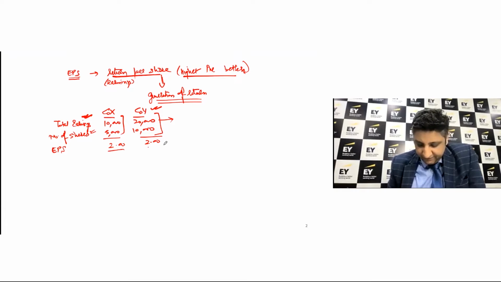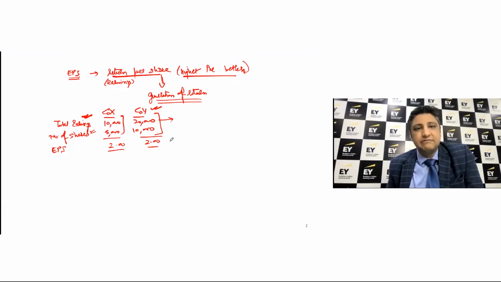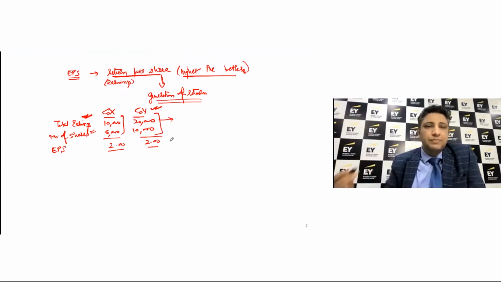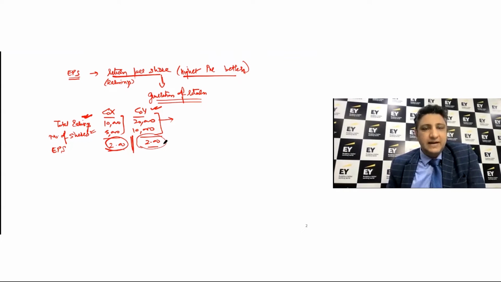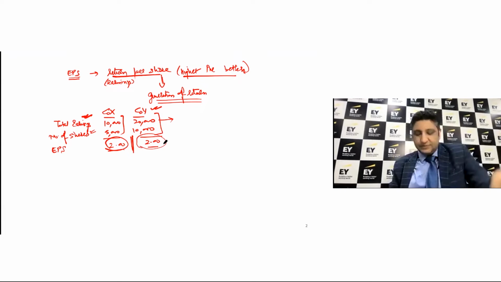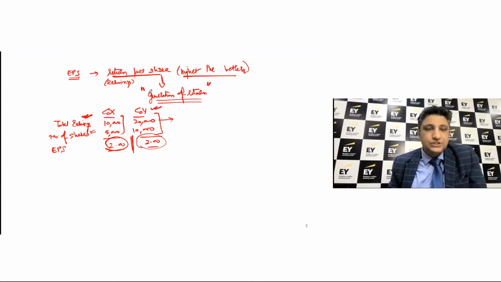If this return is the same between X and Y, scale wise, probably company Y is doing better, but in terms of return per share, it is no different from company X. You would probably want to look at more parameters and financial aspects to decide which company is performing better or expected to generate more returns for you. But on the EPS front, they look the same.